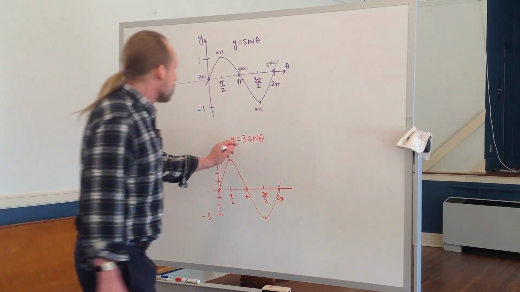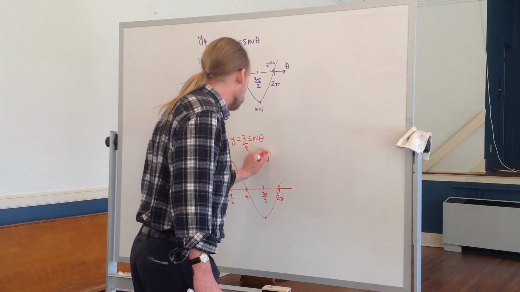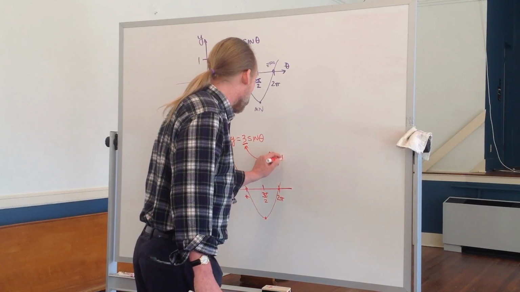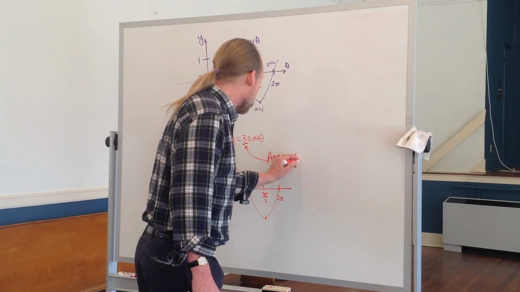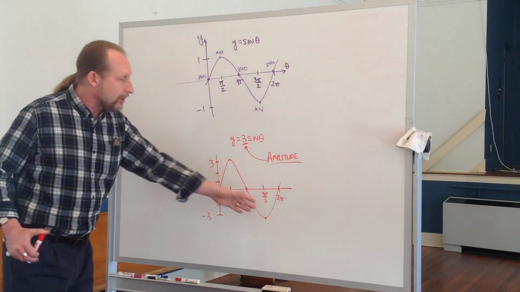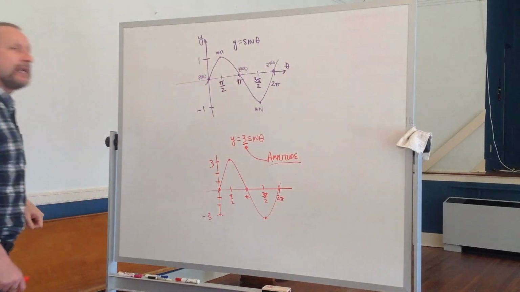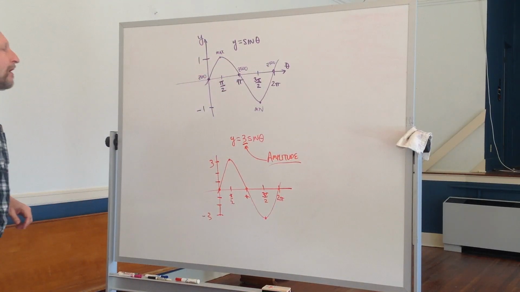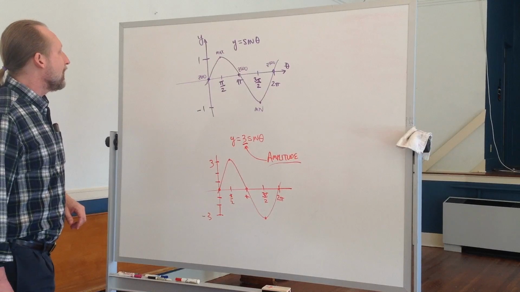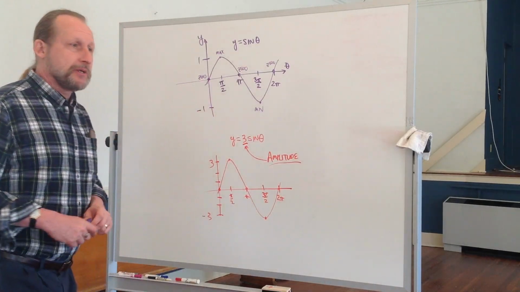So this coefficient right here is called the amplitude. And so that tells you how tall, big, or small your wave height will be. Okay? All right. So that's the amplitude. Now let's talk about the period.